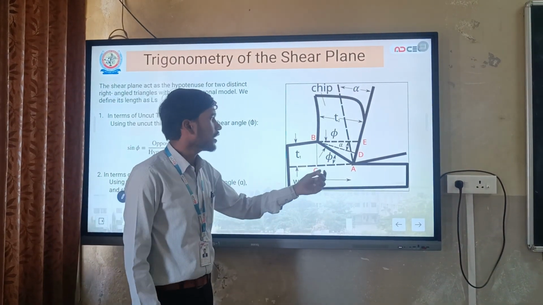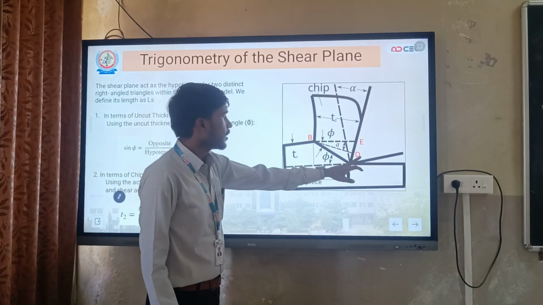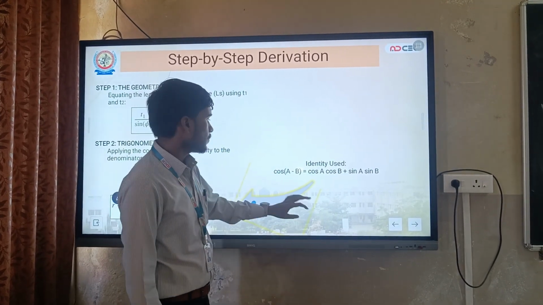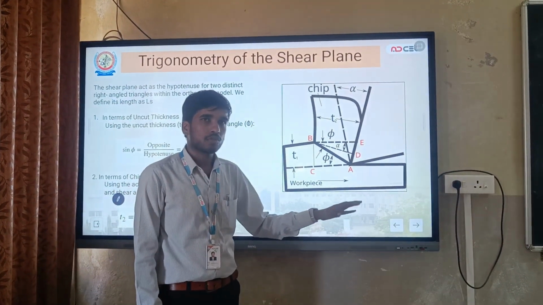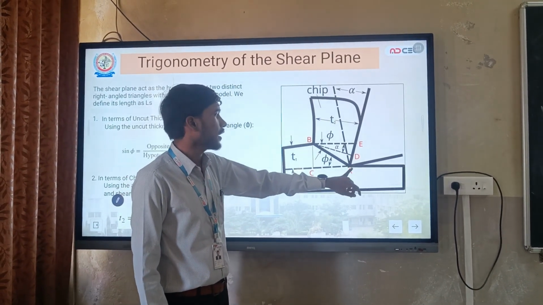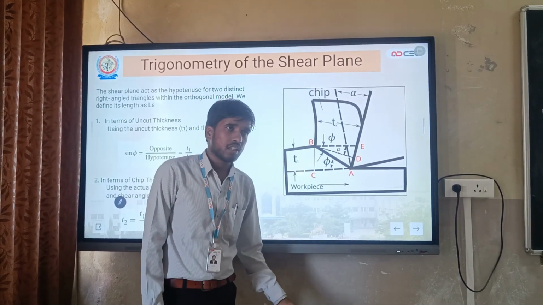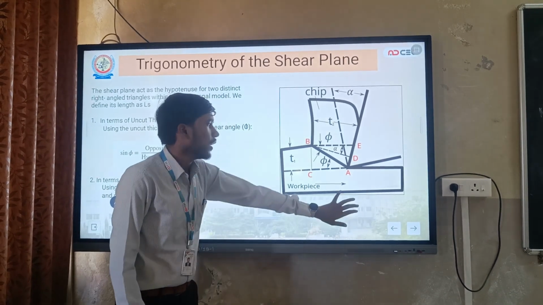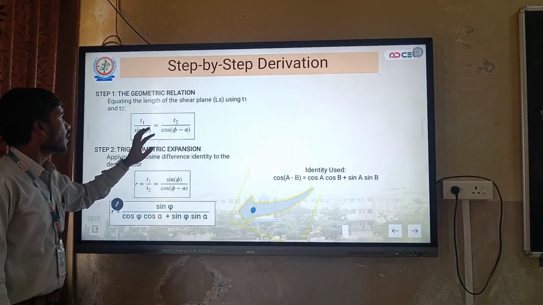In this diagram you can see that BC is our uncut chip thickness and DB is our chip thickness after the cut. If we apply geometric parameters to the shear plane angle, the shear plane angle is DAB. Applying it, we get sin phi equal to t1 divided by the shear plane length, so the length is t1 divided by sin phi.